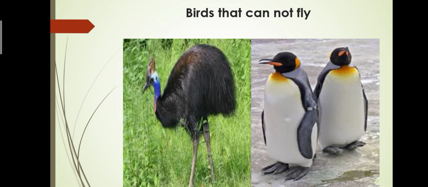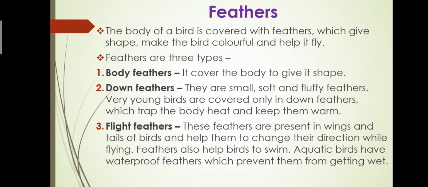They are flightless birds. Now, another feature, that is feathers. The body of a bird is covered with feathers, which give them shape, make them colorful and help them in flying. There are three types of feathers: body feathers, down feathers, and flight feathers.